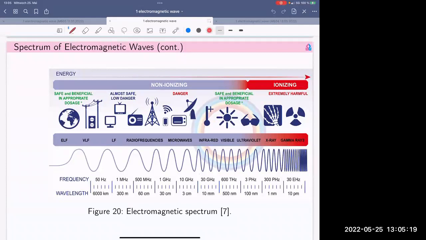And if you go further, it's the band for satellite communication, which is a kind of long transmission system.